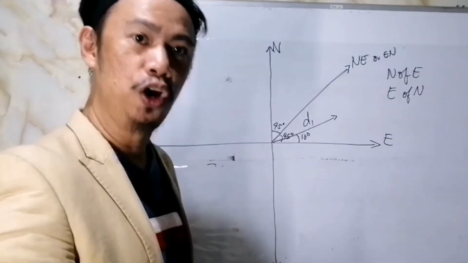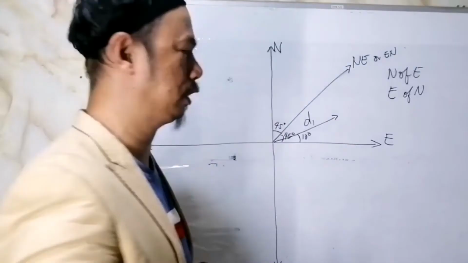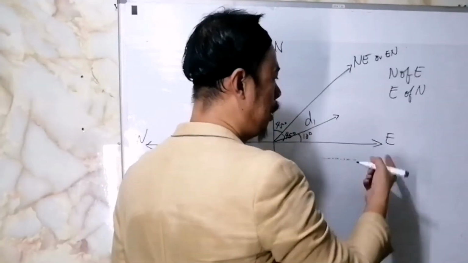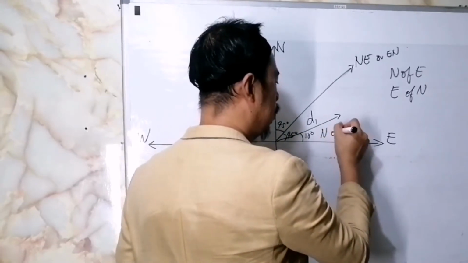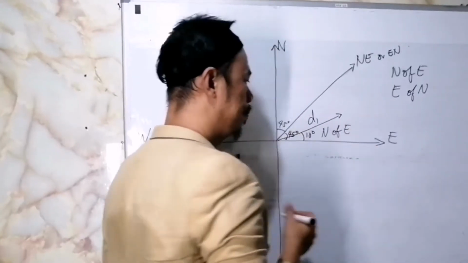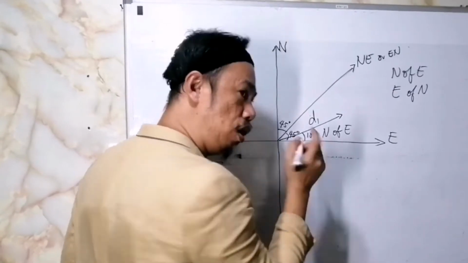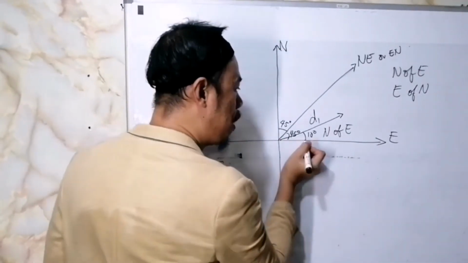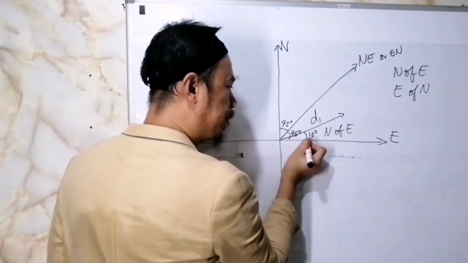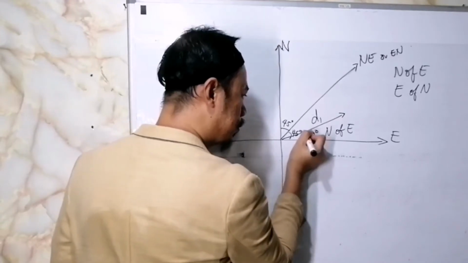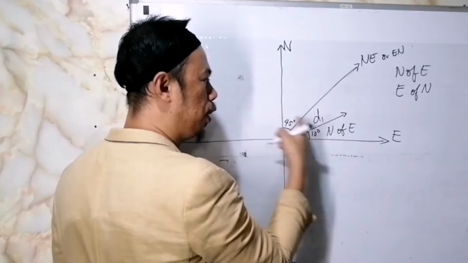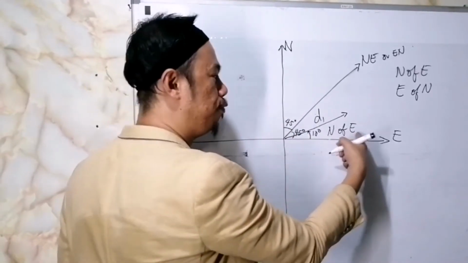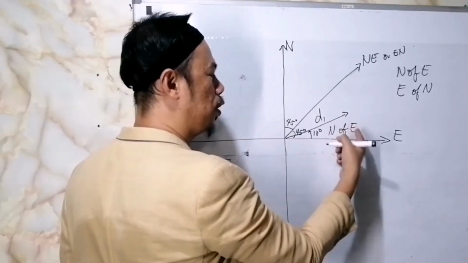That is north of east because it is located in east. Meaning also your angle is from east going to north. That's why that is 10 degrees north of east.